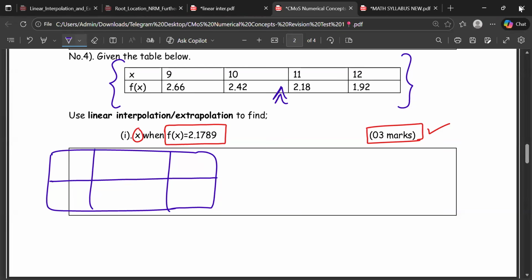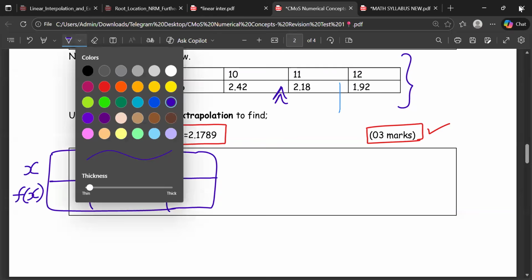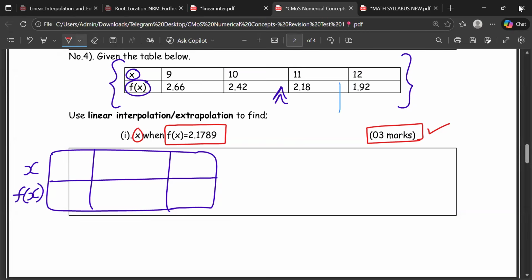So what is the best thing to do here? You may not waste your time to put here x and f of x, because we already have the format x on top and f of x down. There are people who include it, but you may not need them. So you say, the value I've been given is 2.1789, and they want me to get the x value when f of x is that.